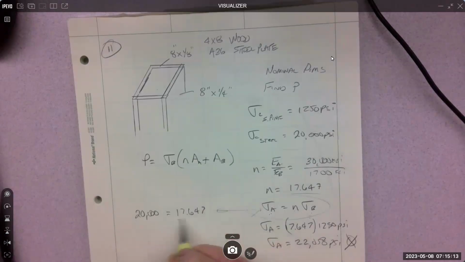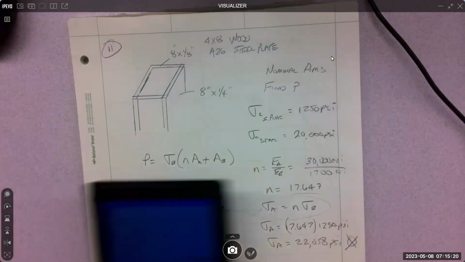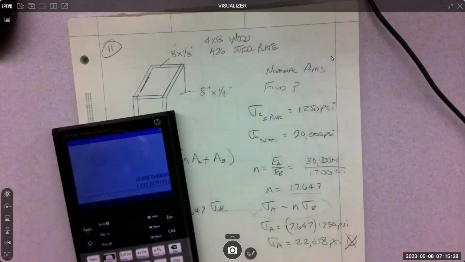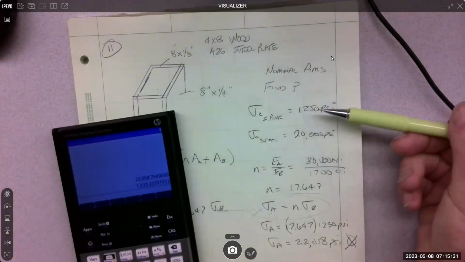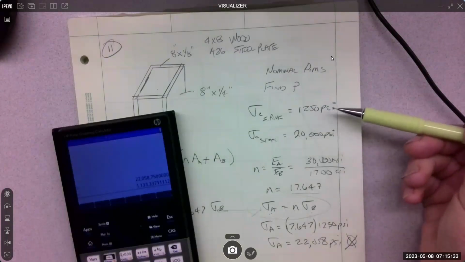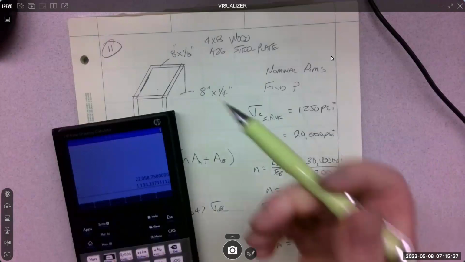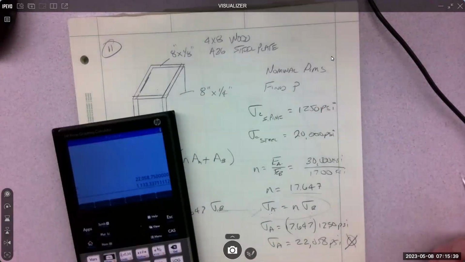And then I have 17.647 as my modular ratio. And then I have stress in B. The stress in B becomes 1,133, which is under the 1250. So that means that in this case, the steel is the control.